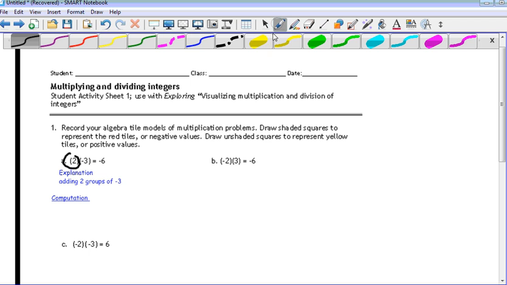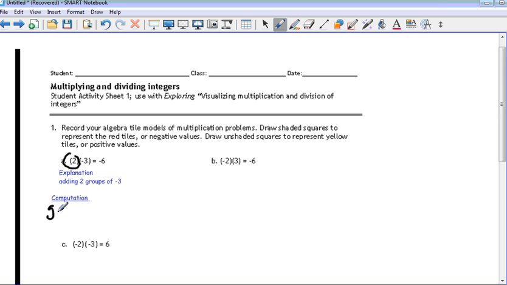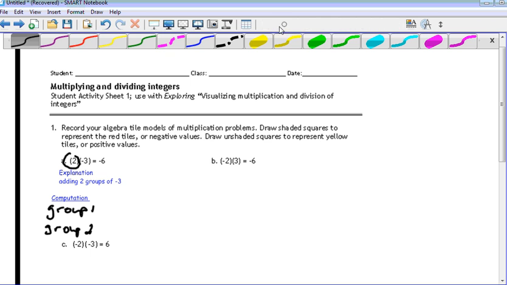So for my computation, here's what I have to do. I have two groups. So let's do group 1 and group 2. Inside each group, what do I have?